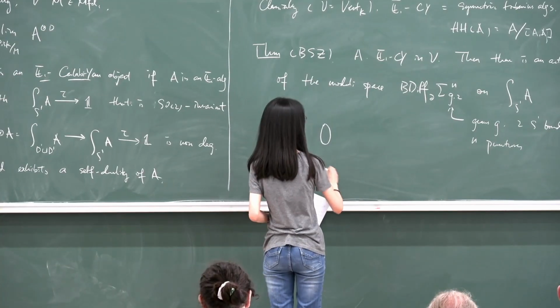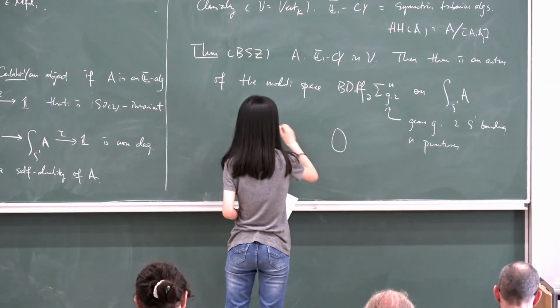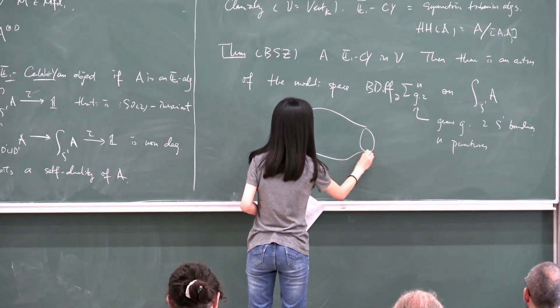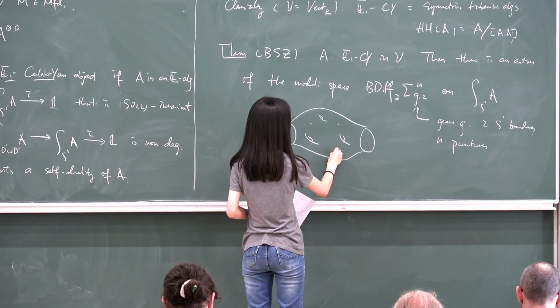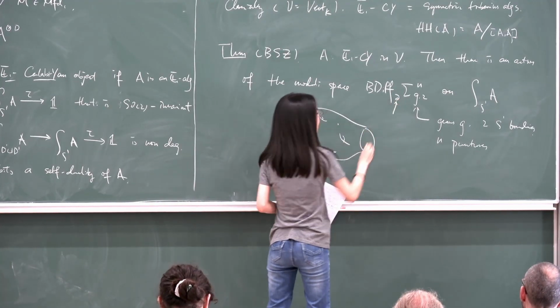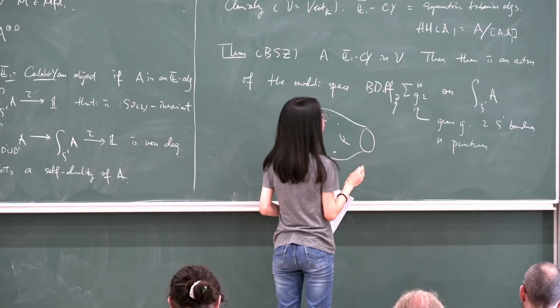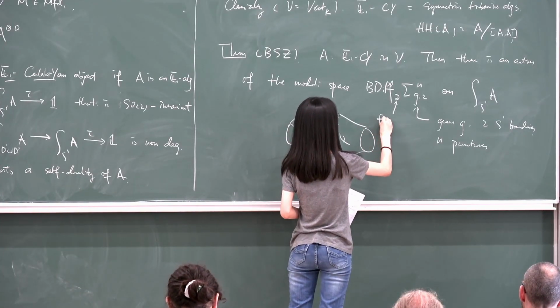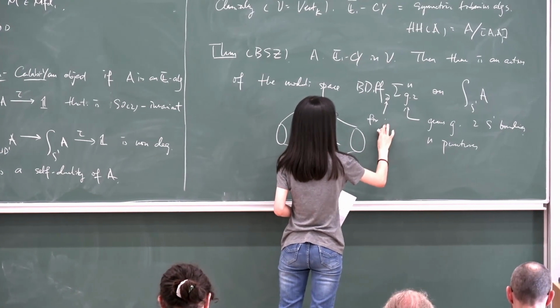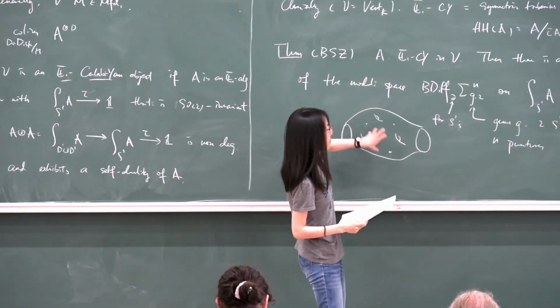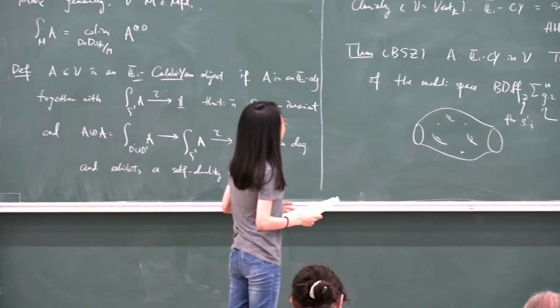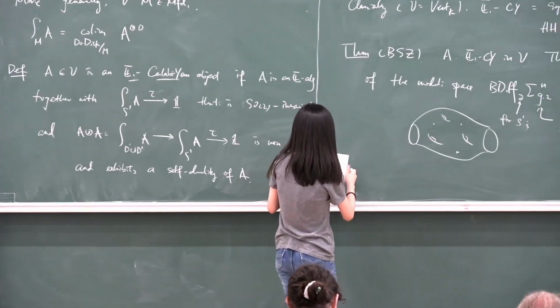Pictorially, I have an incoming boundary, an outgoing boundary, some genus, and some punctures. And this little partial here means that the diffeomorphism should fix the boundaries, fix the S1, but it can freely permute my punctures.